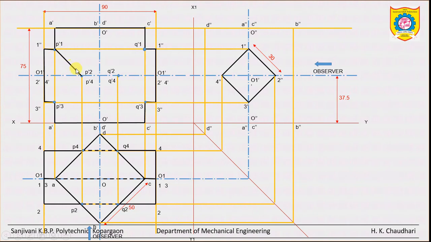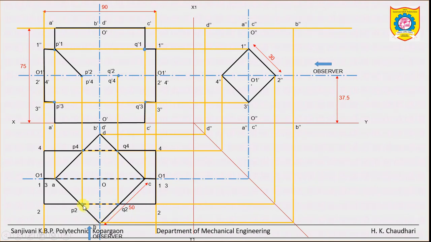That is the common line to both the prisms. And when we observe from here, we can understand this 1 and 2. Similarly, in the top view also you can understand what this part is out of intersection.